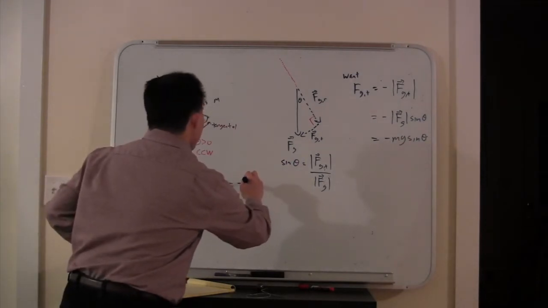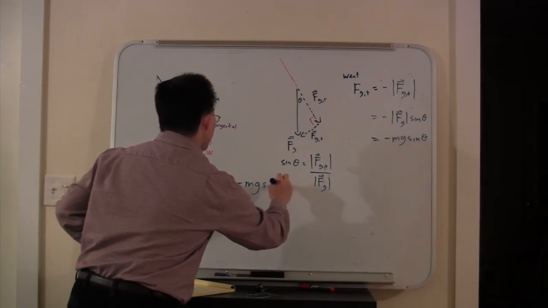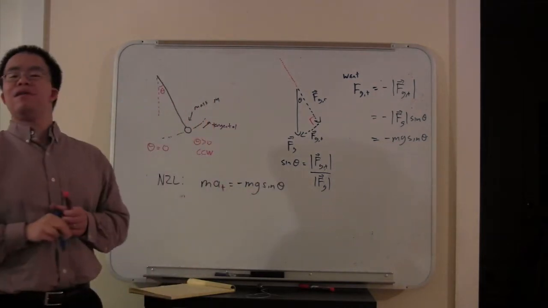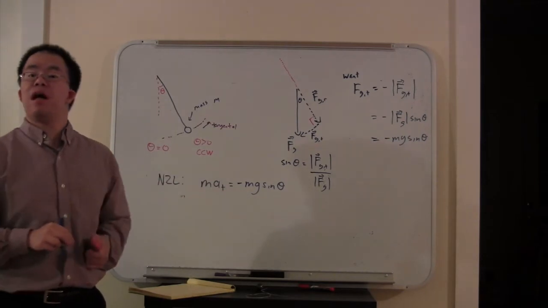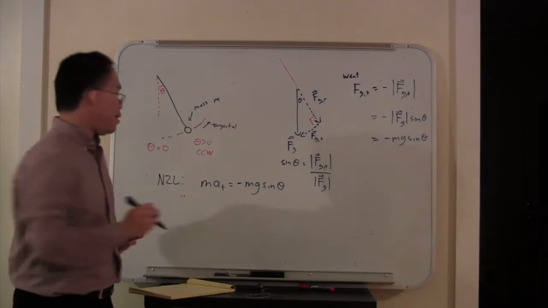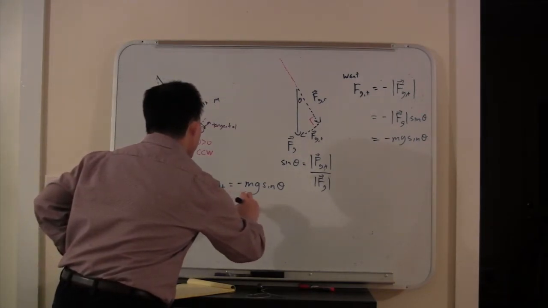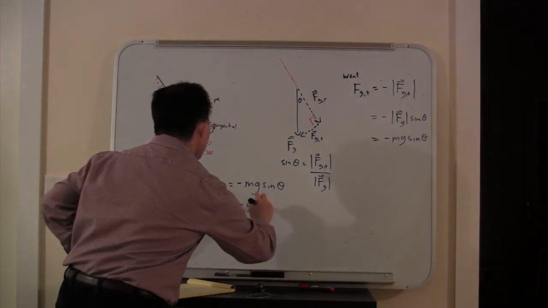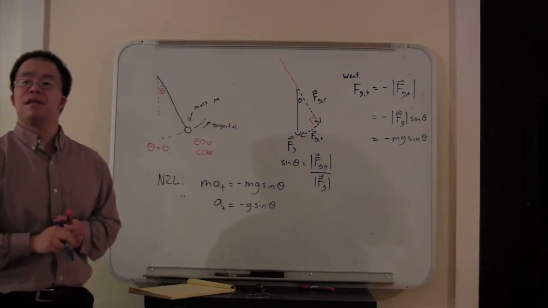So we have minus mg sine theta over here. Notice that I have a common factor of m on both sides. If I cancel that out, dividing both sides by m, I get a tangential equals minus g sine theta.